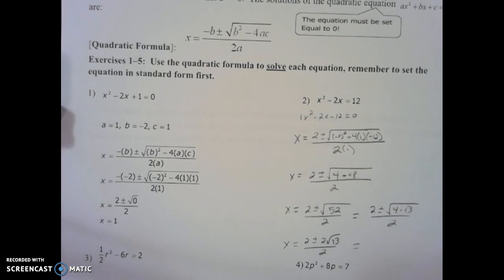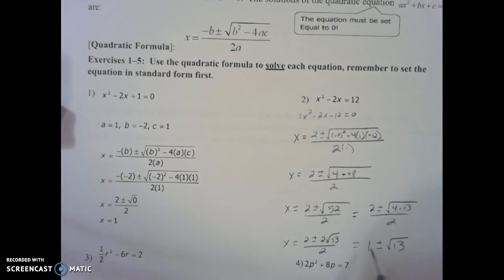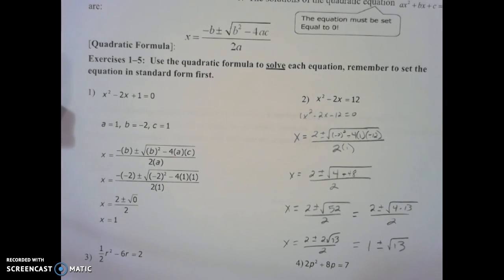And now when I simplify this even further, 2 divided by 2 is equal to 1 plus or minus, and then 2 square root of 13 divided by 2 is just the square root of 13. So my possible answers are 1 plus the square root of 13 or 1 minus the square root of 13.